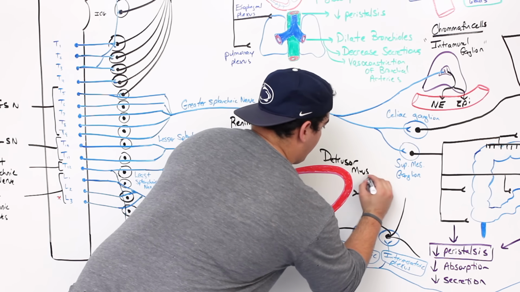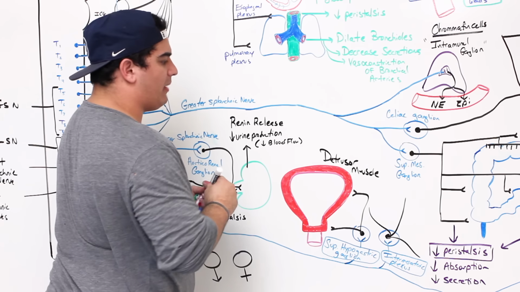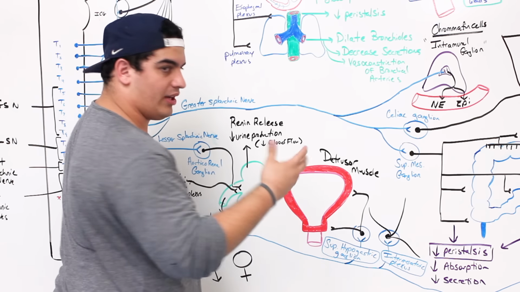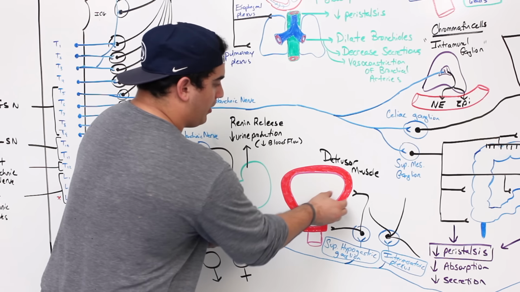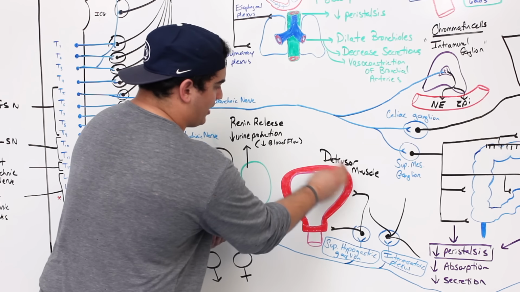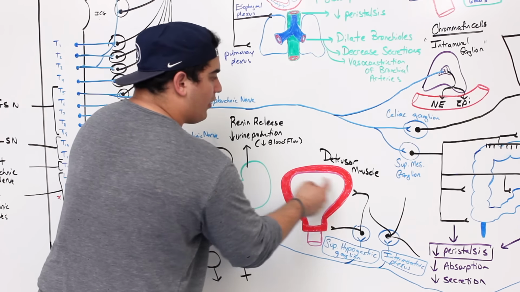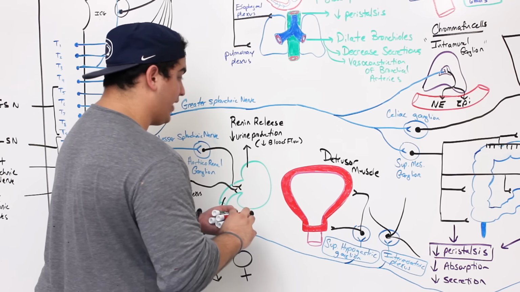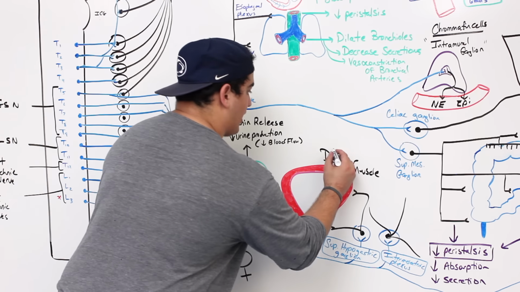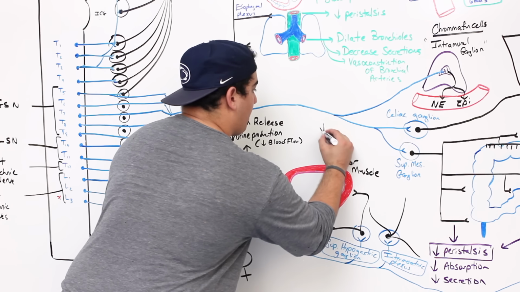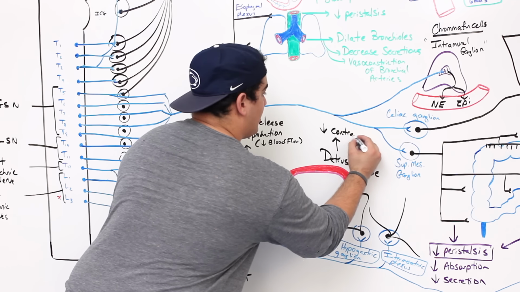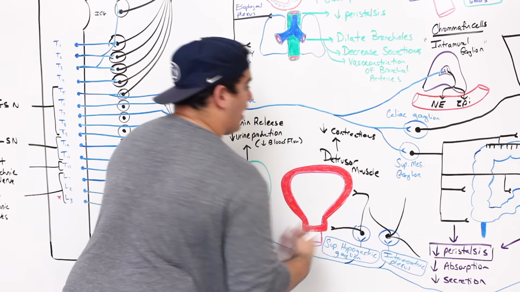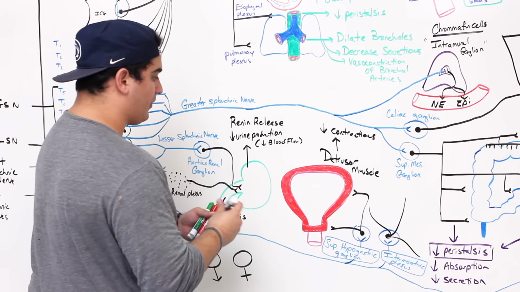All right. If you watched our video on micturition reflex, this will also give you a little bit more detail if you want. But there's beta 2 and beta 3 adrenergic receptors in the detrusor muscle. Whenever it acts on that muscle, it relaxes the muscle. It inhibits it from undergoing contraction. So what is that going to do to this guy? It's going to decrease contractions, basically trying to prevent the process of voiding or micturition.